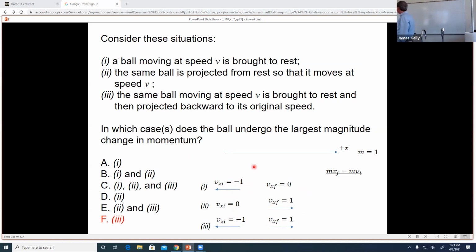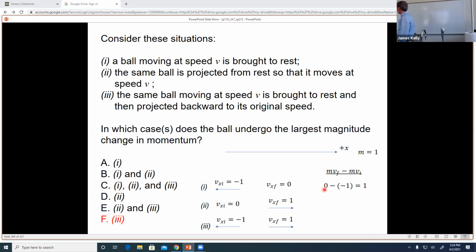So let's calculate what mv final minus mv initial is, x component. That's the key thing. Momentum is a vector, so there's an x component, and I've got to calculate the change in the x component of the momentum here. And x components have sign. I'm going to take m equals 1, just to simplify my life, so forget about the m's. We're just doing v final minus v initial.